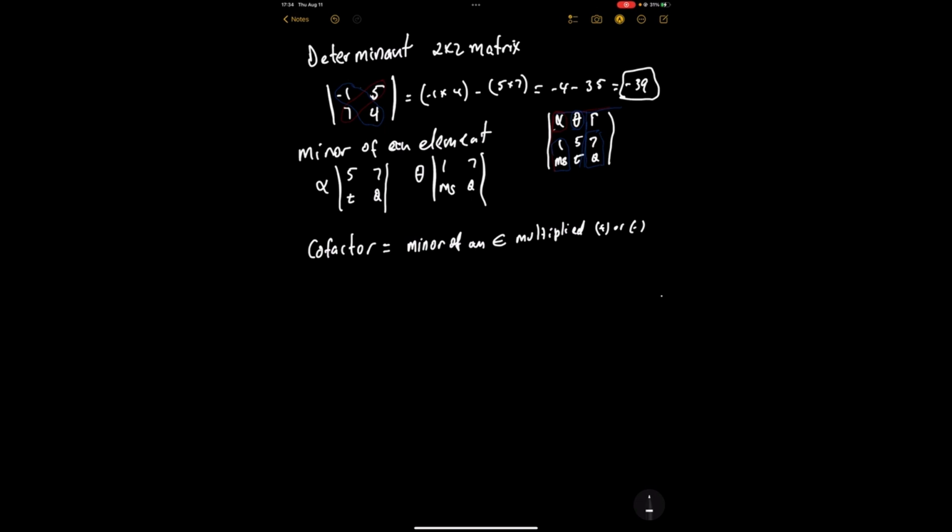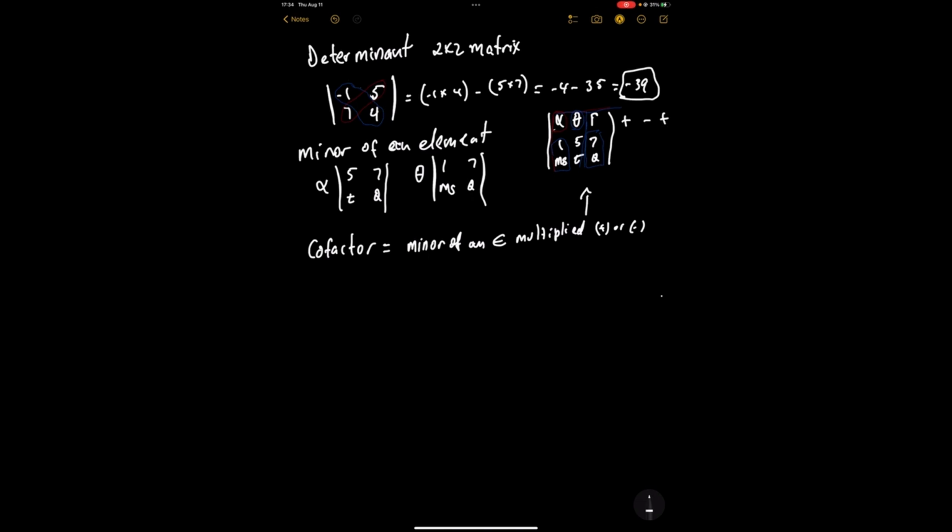How does it work? It works as follows. It usually works in a 3x3 matrix. Again, if we take that example right here, how would the sign actually work? If I am not mistaken, and you guys could correct me if I'm wrong on that part, but I'm pretty sure it would be positive, negative, positive.